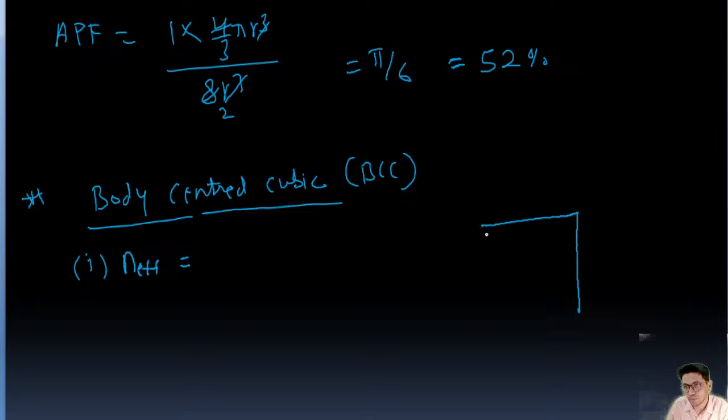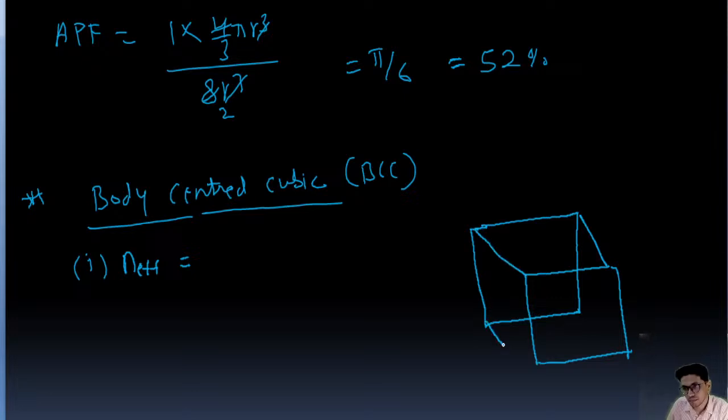This is the body centered: 8 atoms at the corners of the cube and one atom at the center of the cube.